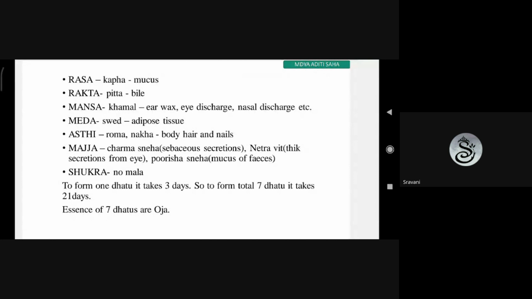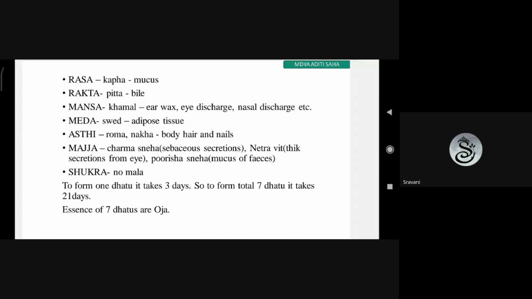Khamal is the discharges that we all know from the ear, from the eyes, the nasal discharge. The discharges we collect from our ear, nose, and eye, all these waste products are known as khamal.